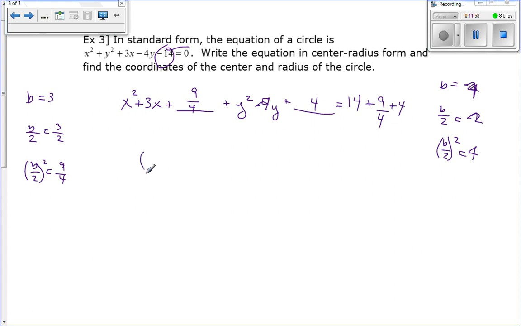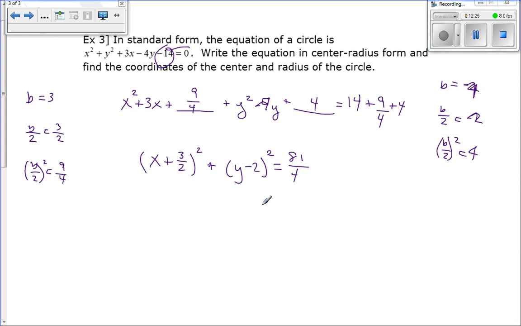Over here, this is x plus b over 2, which is 3/2, squared, plus y minus 2 squared equals, I use my calculator, find a common denominator. My common denominator is 4. I will get 81 over 4.